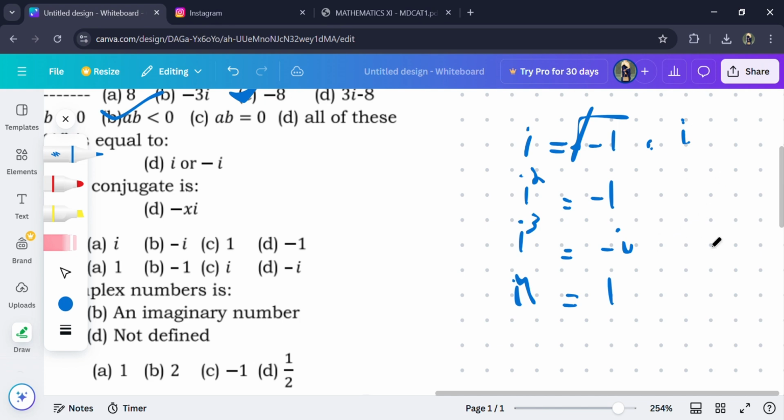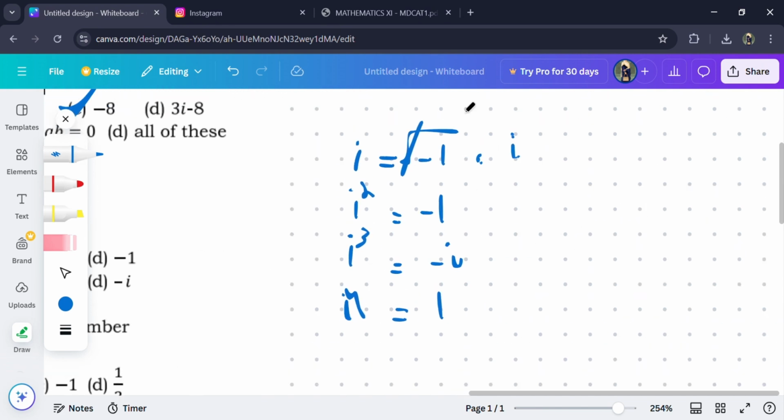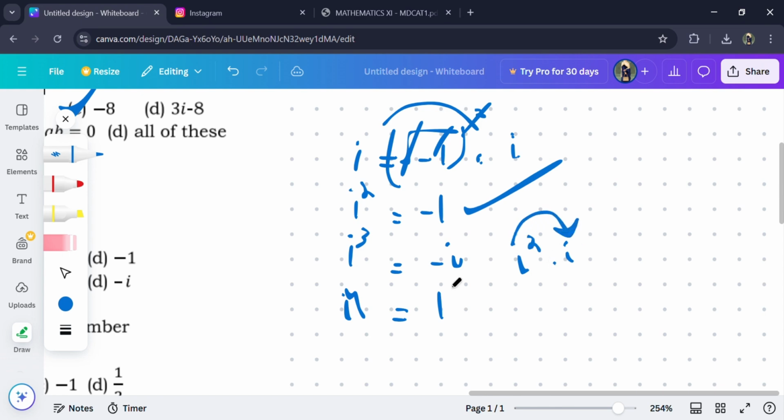These four conditions you need to understand. For clarification, iota is equal to iota, and if we square iota, the under root will be cancelled out and we get minus 1. I square times iota, with I square equal to minus 1, becomes negative iota.